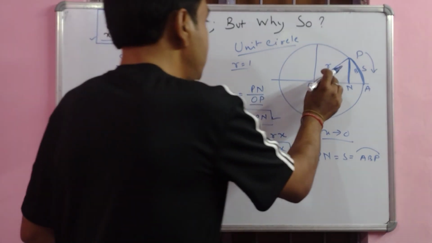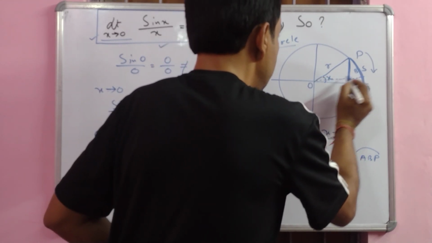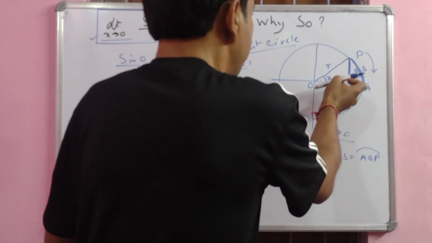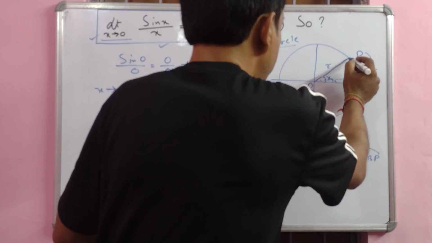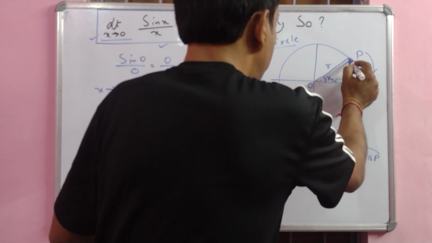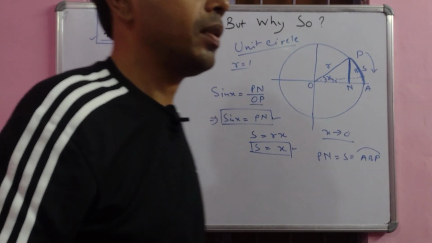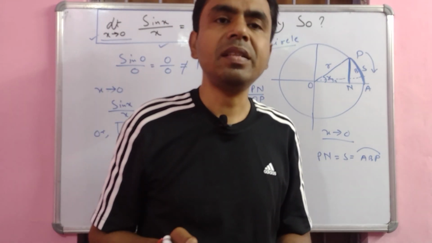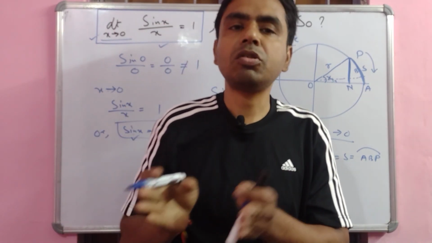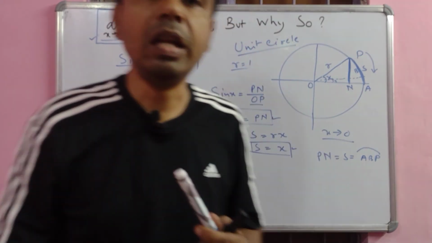When x tends to 0, I mean this angle is tending toward 0, the point P moves towards A, and in this situation this perpendicular length is equal to the arc length. So basically the concept is: when x tends to 0, the straight line is equal to a curve. This is the most fundamental concept of our limit and mathematics.